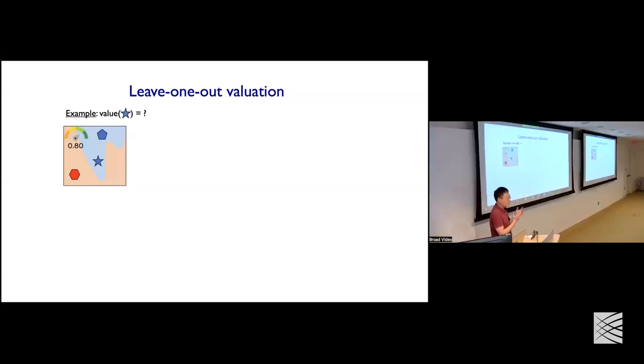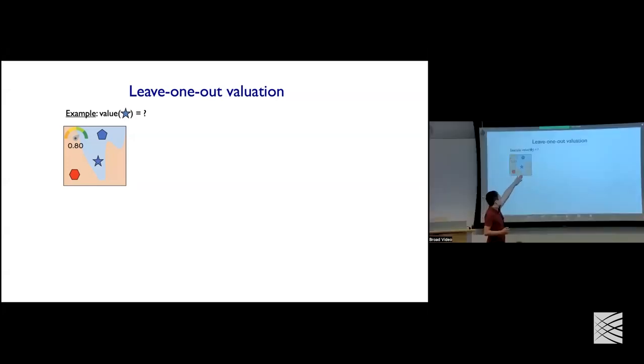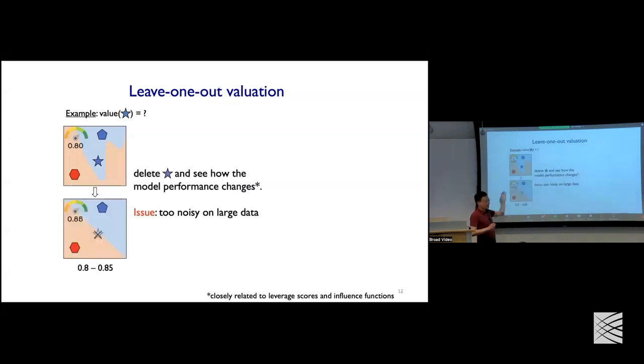What I can do is train a model using all of the data, and the shading here indicates the decision boundary that the model learns. And I can then leave out the point that I'm interested in, retrain the model, and see how the decision boundary changes. I can use this to quantify the influence or the impact of this point of interest. Does that make sense?